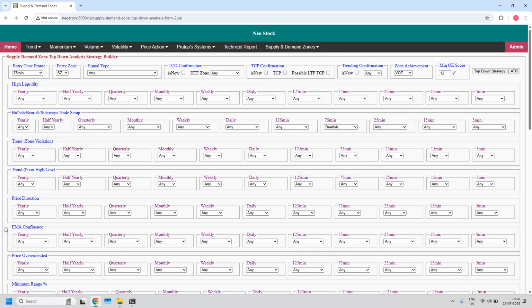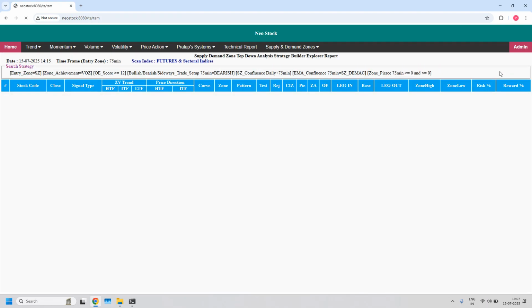Let's verify if the daily supply zones have EMA confluence. That is 75 minute supply zone with daily EMA confluence. So none of them are having. Sorry, I made a mistake.